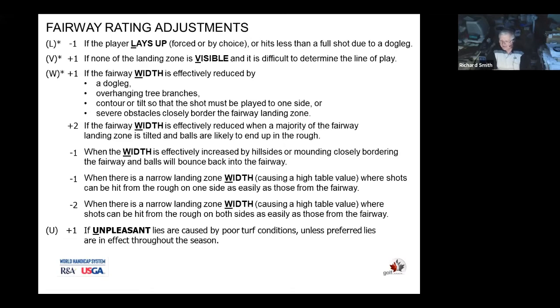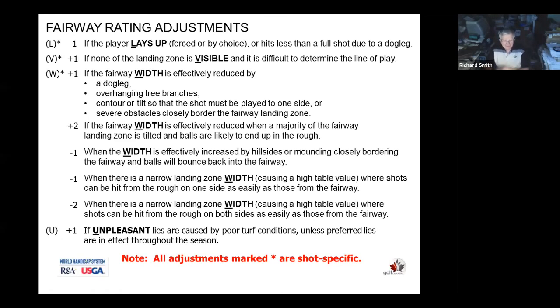So unless they're using preferred lie throughout the entire season, we could put a U+1 adjustment in. And just a reminder, all of the adjustments marked with the asterisk are shot specific, which means that they can apply multiple times on a hole if it's appropriate to do so.